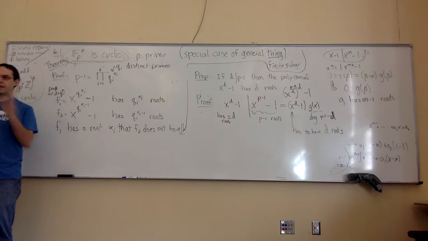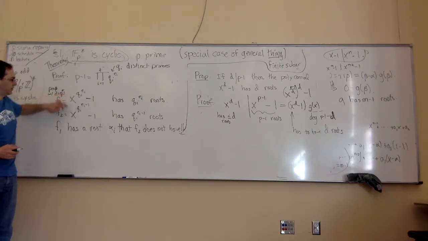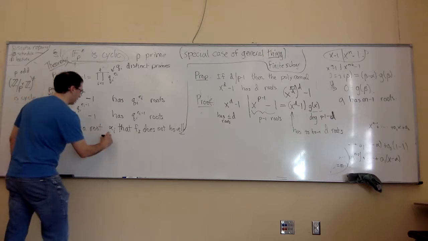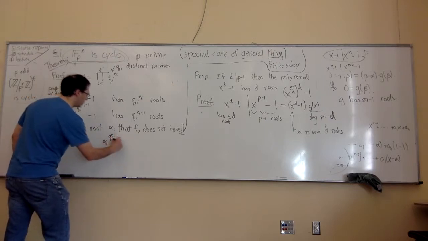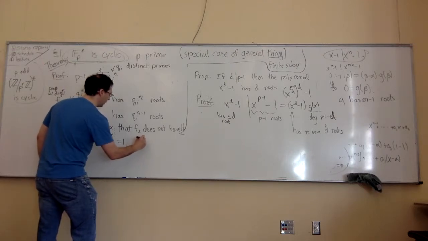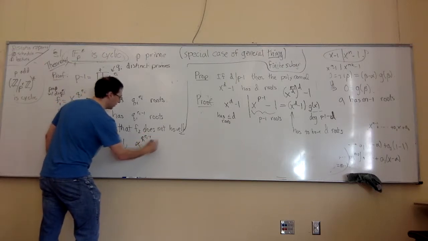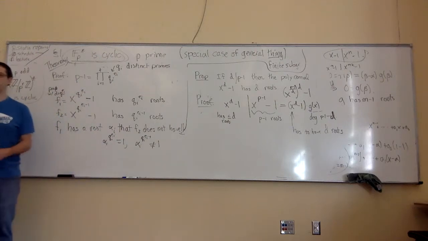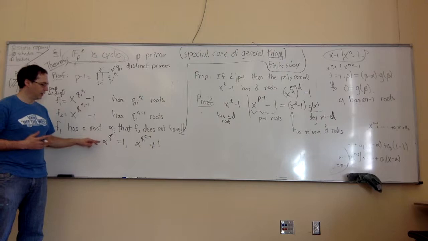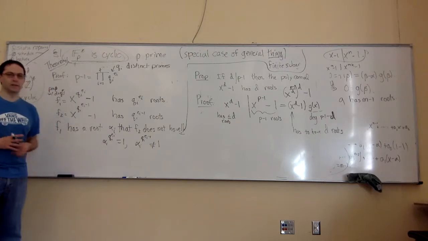because, think about it, this root, a root at the top and not the bottom, has the property that when you raise it to the power of q_i to the e_i, you do get 1, but if you raise it to the power of q_i to the e_i minus 1, you don't get 1, because it's not a root of the second polynomial. And what that tells you is that the multiplicative order of alpha_i is q_i to the e_i.